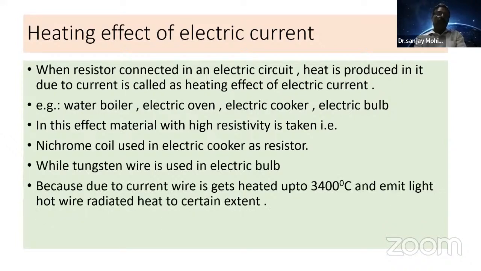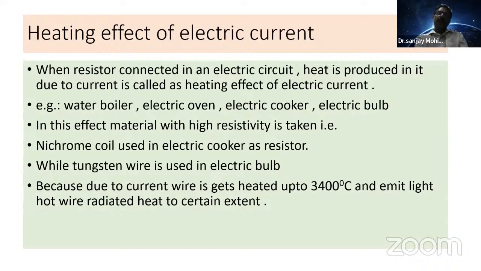In an electric bulb, tungsten is used because when you pass the current through the bulb, electrical energy is converted into heat energy, and heat energy into light energy. So if you keep the bulb on continuously, the temperature will become high, and if we use a normal filament instead of tungsten, there are chances that it will melt and we won't get light from that bulb.